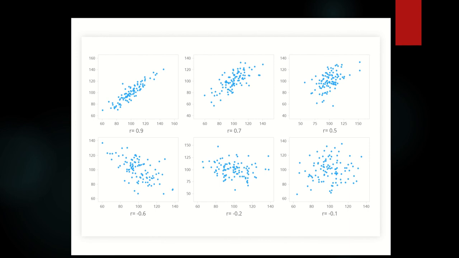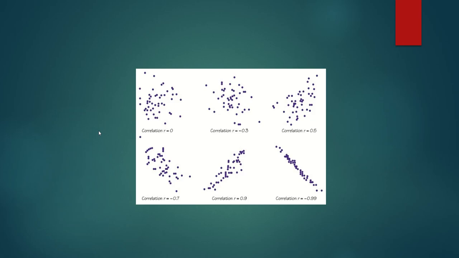This is the graph they give, so you have to know its meaning. If you see such a graph, it means that it's a positive relation. It goes upwards, and this goes somewhat downwards, and this is very distributed. The closer the dots are, the stronger the relation of the x-axis and the y-axis values.